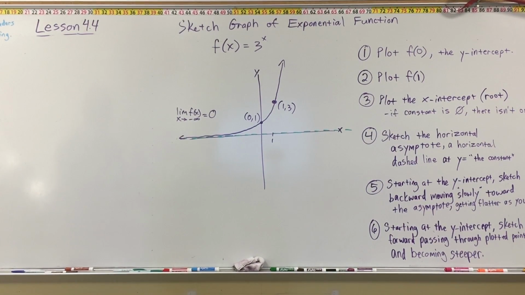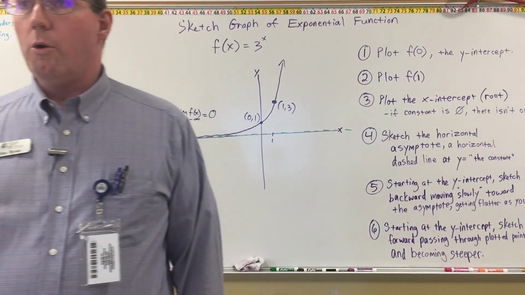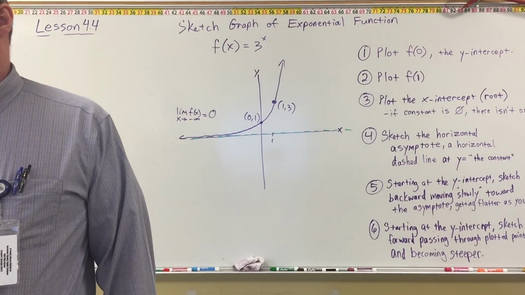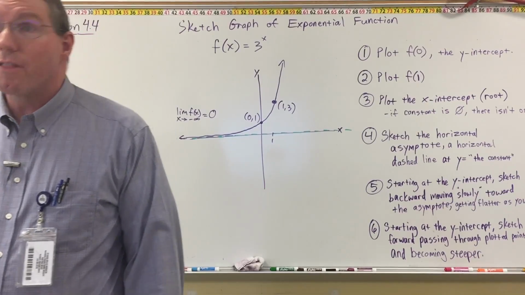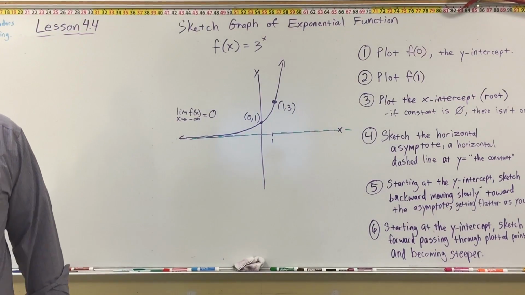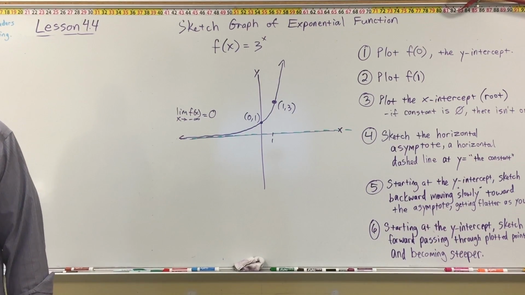Only when it goes perfectly vertical, I guess you could say, do you have a vertical asymptote. And that's what I find interesting about exponential functions: they don't have vertical asymptotes. They look like they should, but they don't.